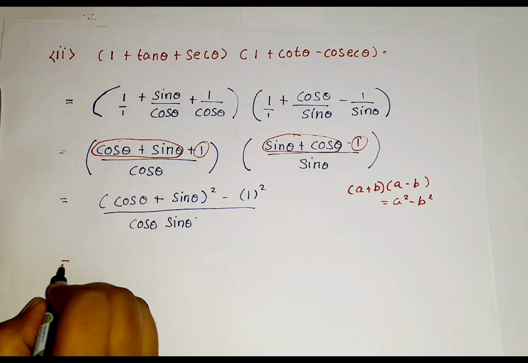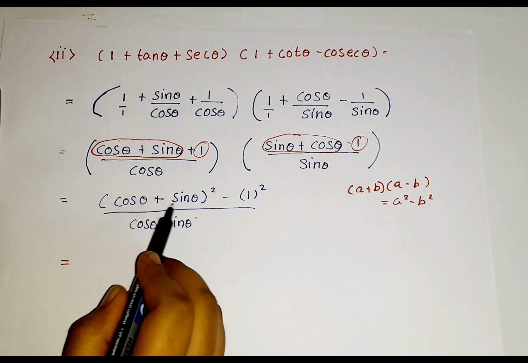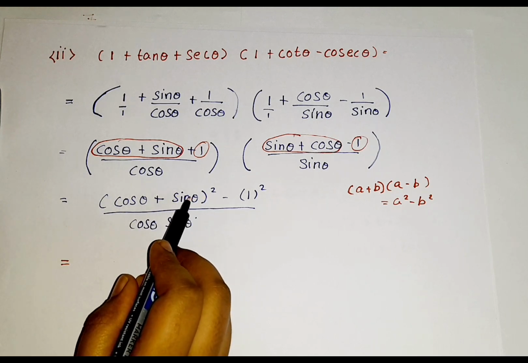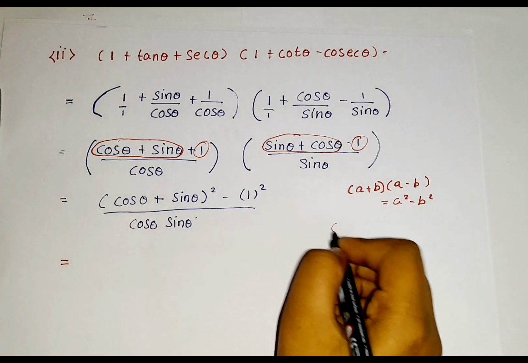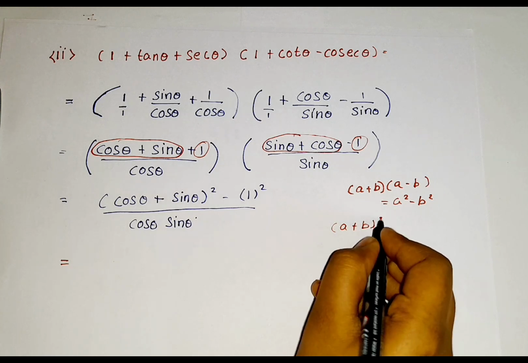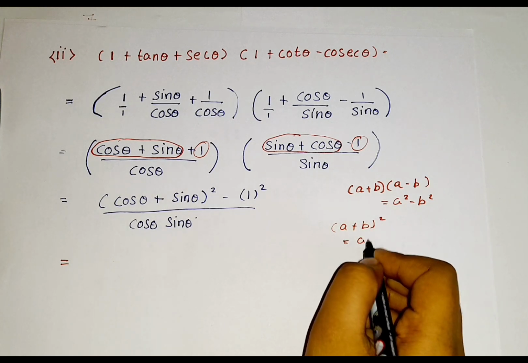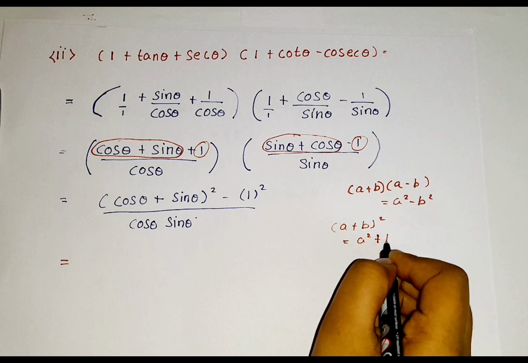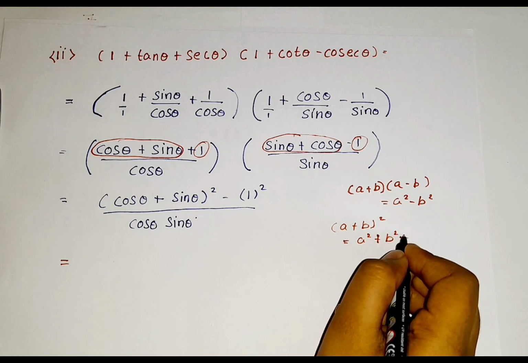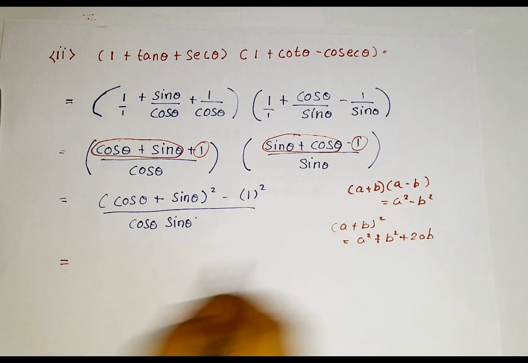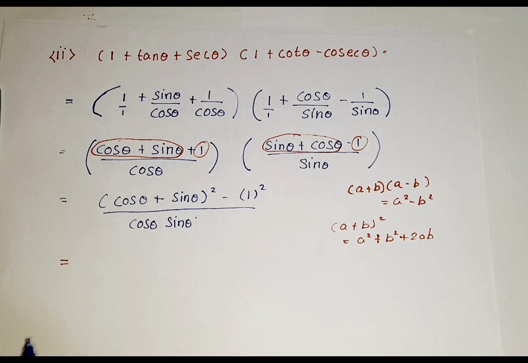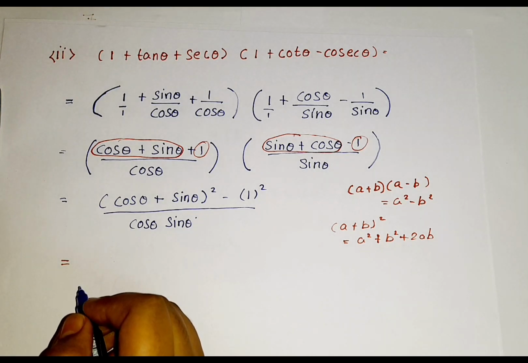Okay, so now is equal to, so we have cos theta plus sin theta the whole square. So here also I can apply an identity, that is a plus b the whole square is equal to a square plus b square plus 2ab. Okay, so it is in this identity. So now we can actually apply the identity.